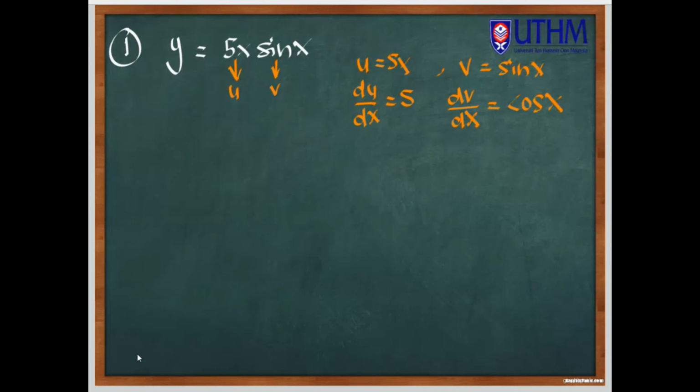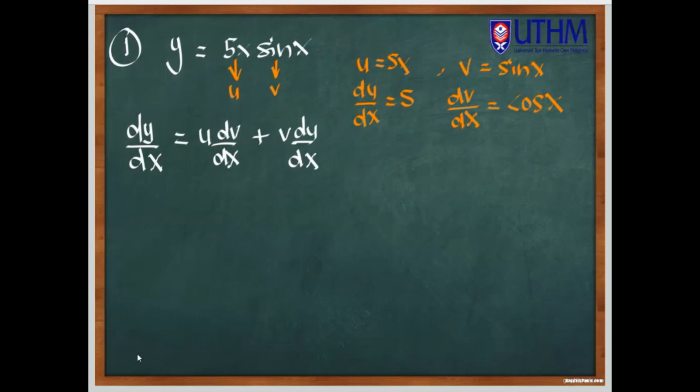So by using the product rule, we can differentiate this function and we get dy dx is equal to u dv dx plus v du dx.